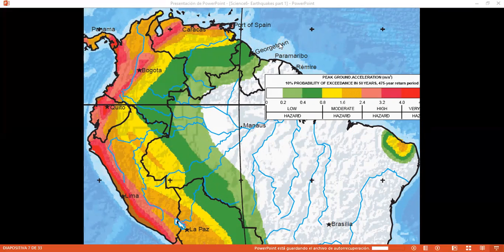Most of our country has free or low probabilities. Then you have the middle zone, which has a moderate hazard that increases toward the coast. And it ends up with this stripe of high hazard and even very high hazard that includes the Andes and of course the coast close to Cumana, where we have big faults.